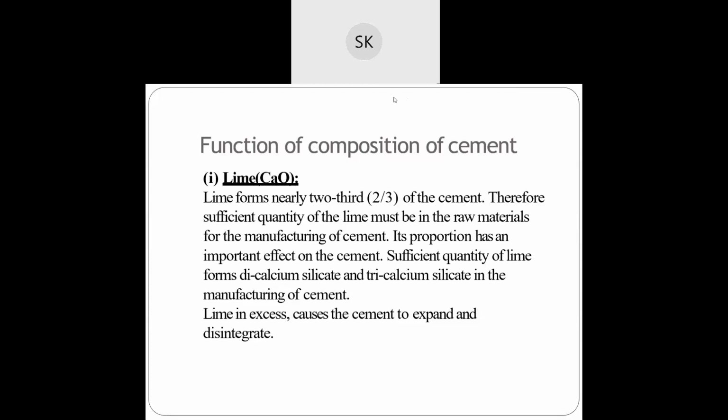Its proportion has an important effect on the cement. Sufficient quantity of lime forms dicalcium silicate and tricalcium silicate in the manufacturing of cement. Lime in excess causes the cement to expand and disintegrate. So it shouldn't be in large amount either. Proper proportion will be sufficient for making the cement.